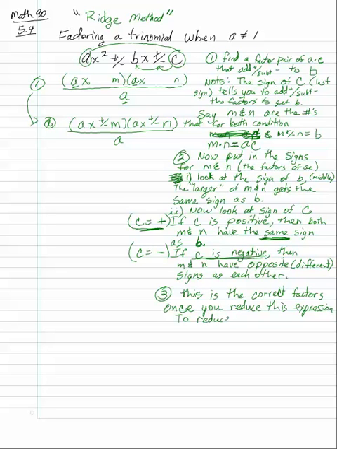This is what we're going to cover in the next chapter. To reduce, you're going to factor each parenthesis separately, and then cancel. With the numbers that you factor out, you cancel the number on the bottom.